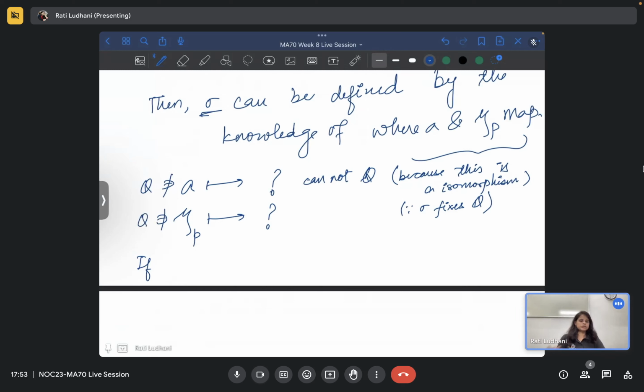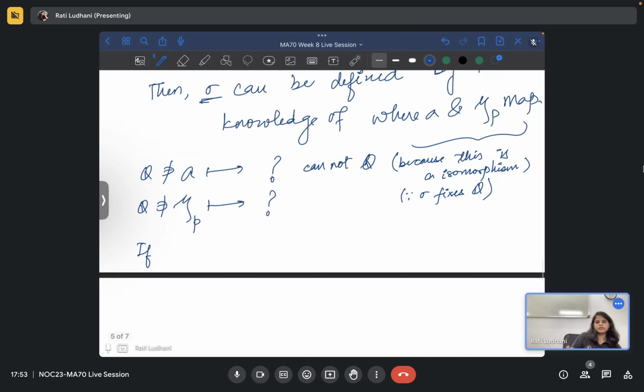If it belonged to Q, then we wouldn't have that extension. Here a raised to the power p is equal to 2, so a is a pth root of 2, and Q does not contain that, because we cannot write it as some q by r, where r is non-zero. So that's why we have this condition.